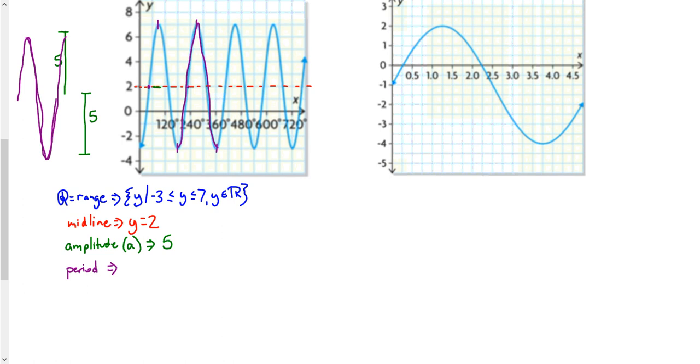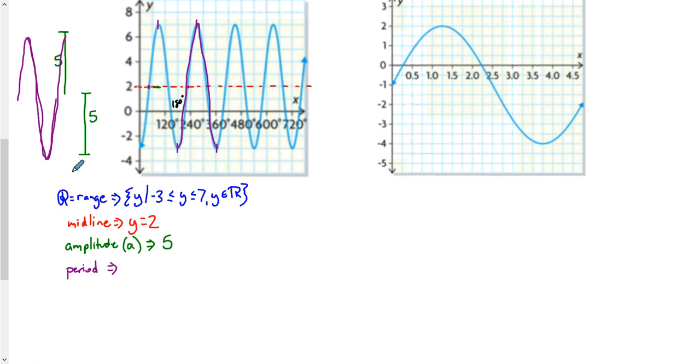So this one for sure can be read, because this one is exactly starting halfway in between 120 and 240, which works out to be 180. And it looks like it's ending exactly at 360.